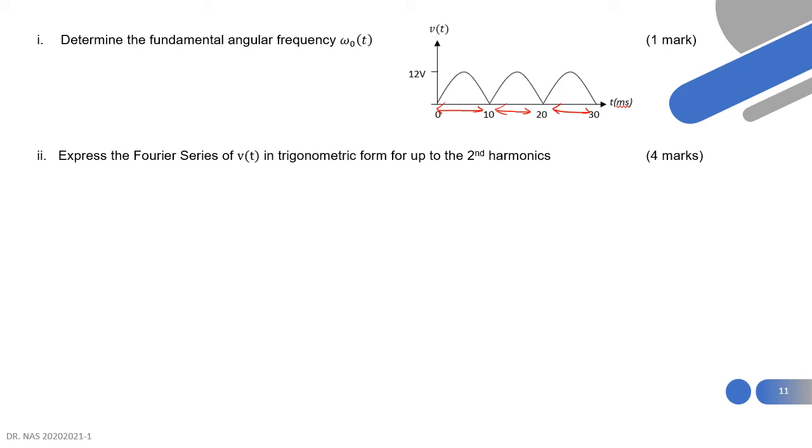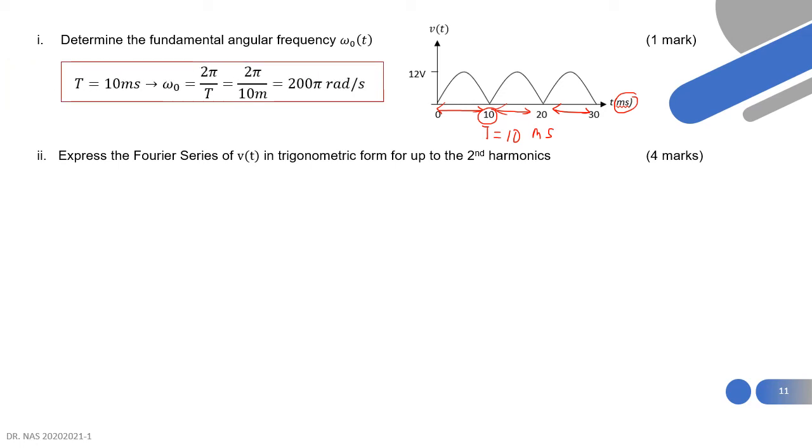So from here you know that the fundamental period is t equal to 10, don't forget the unit, millisecond. So from t you can calculate the omega. t equal to 10 milliseconds, so omega equal to 2 pi f or 2 pi over t, so you can get the fundamental angular frequency equal to 200 pi radian per second.